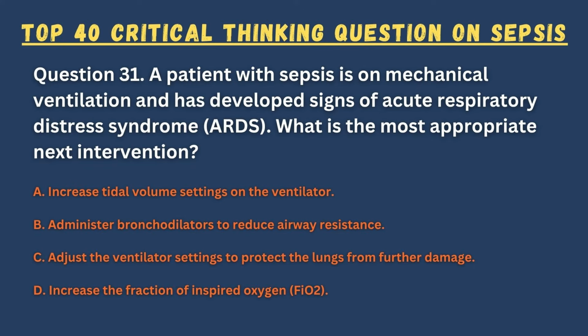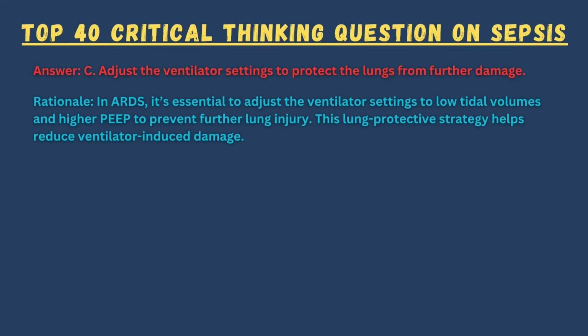D. Increase the fraction of inspired oxygen (FiO2). Answer: C. Adjust the ventilator settings to protect the lungs from further damage. Rationale: in ARDS, it's essential to adjust the ventilator settings to low tidal volumes and higher PEEP to prevent further lung injury. This lung protective strategy helps reduce ventilator-induced damage.